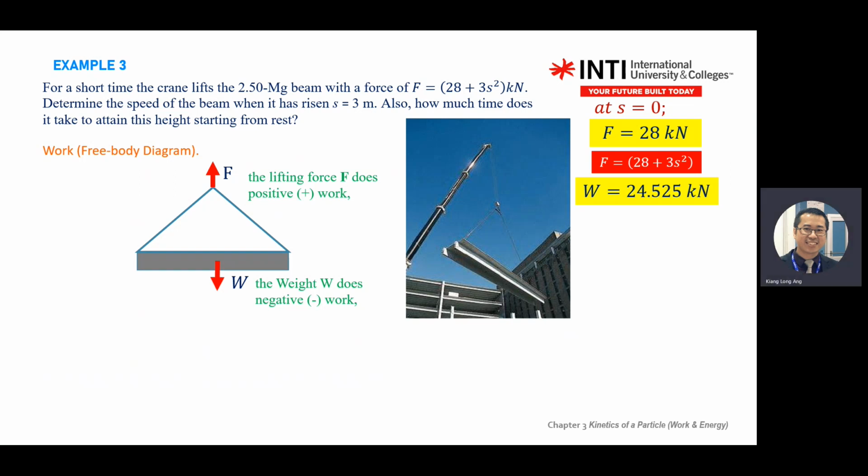Weight creates negative work, so in your working later you will see positive and negative in your solution. So the principle of work and energy is the same: kinetic before plus work done equals kinetic after. What is the equation for this one? Half m v square, v1. What is your v1?